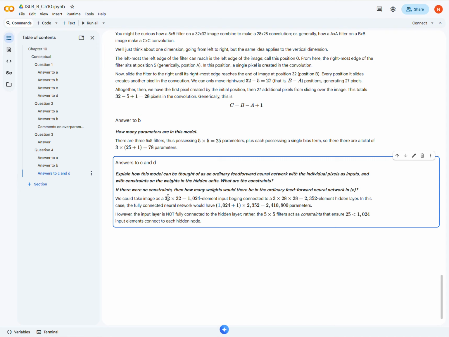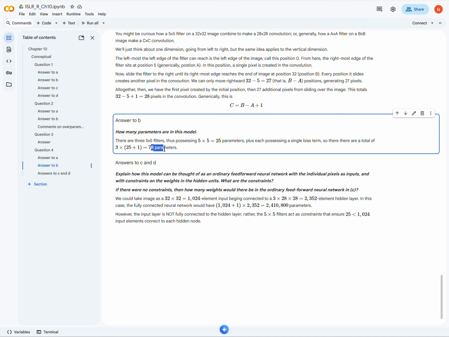And so if we had connections between each input and each hidden layer element, then we would have roughly 1,024 times 2,352. But there's also bias terms that we'd probably want to add for each output element, for a total of 2.4 million parameters. Okay? But we already said that we only have 78 parameters.